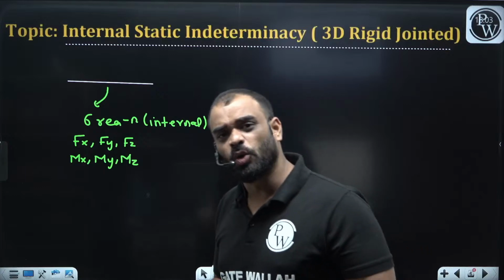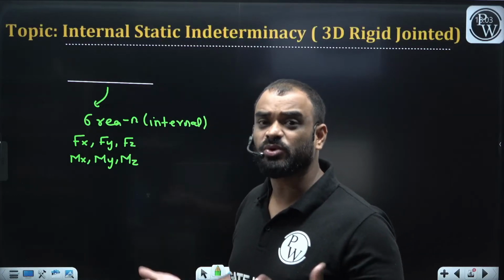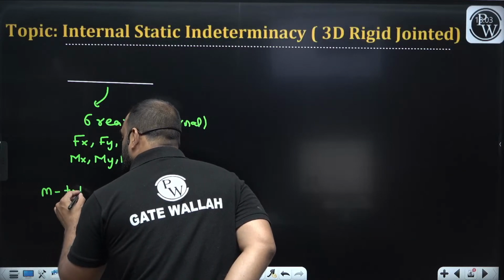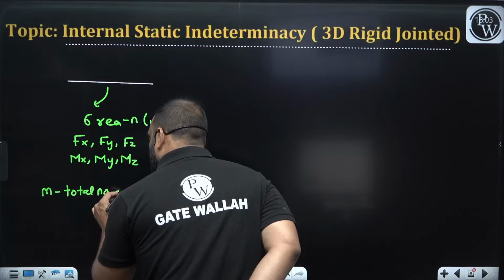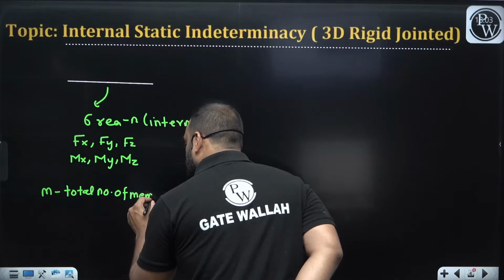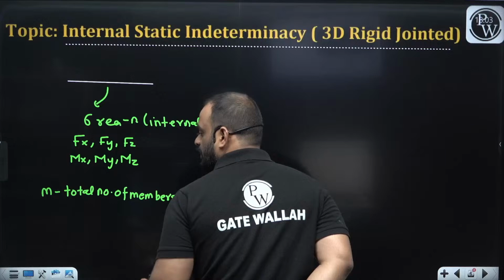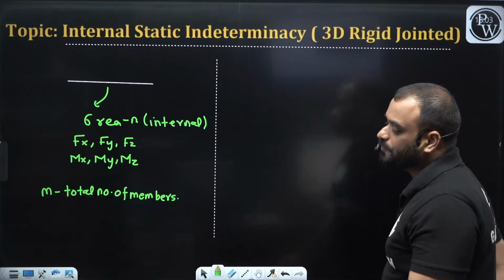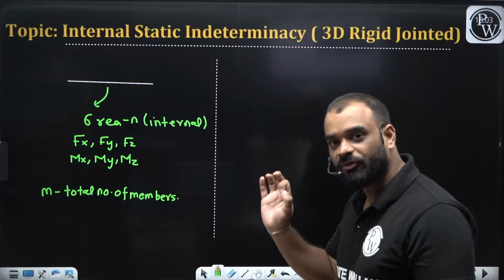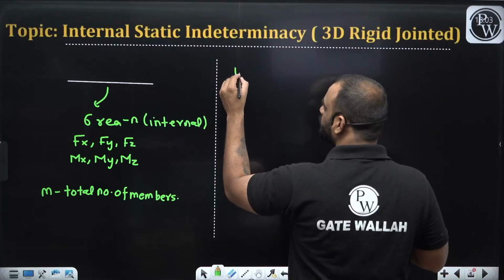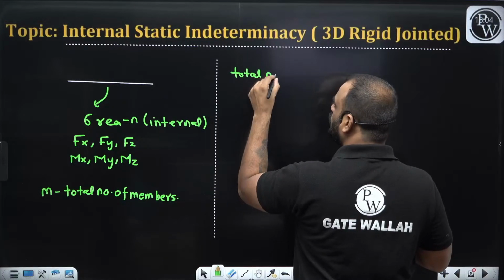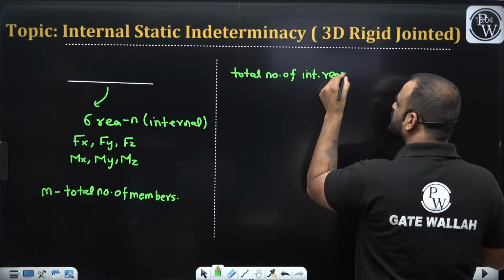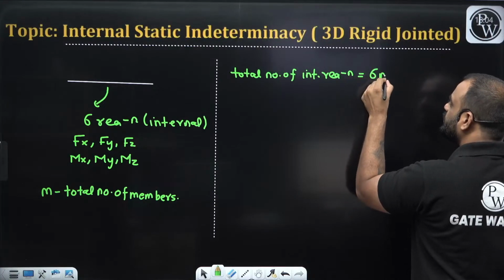Let us consider m is the total number of members. Then what will be the total number of internal reactions? It is equal to 6m.